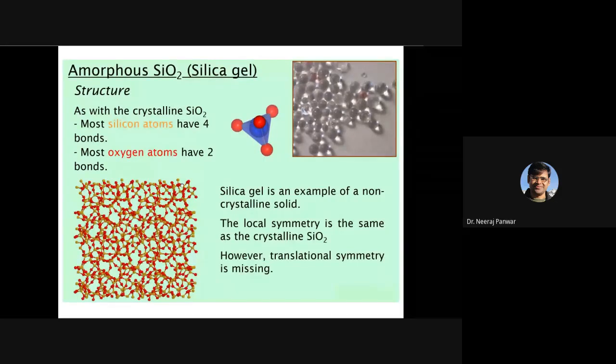If I go from one place to another place inside the solid, then I must see the same type of arrangement and orientation of atoms. But in case of amorphous solids, translational symmetry is missing.